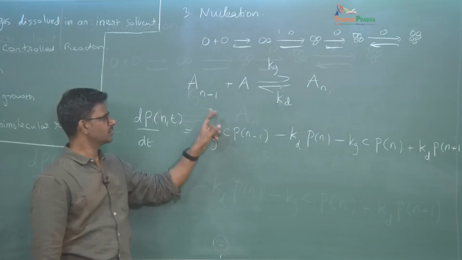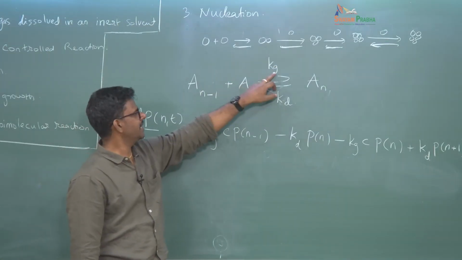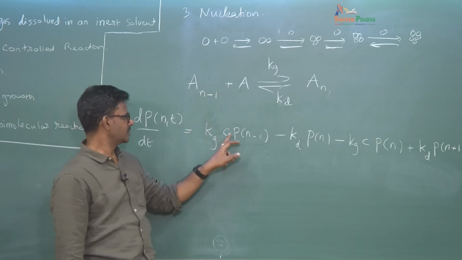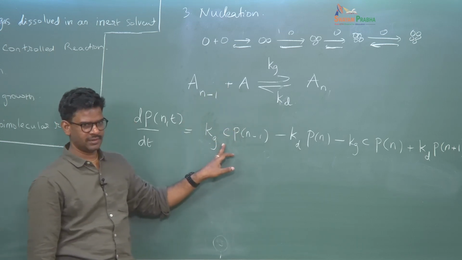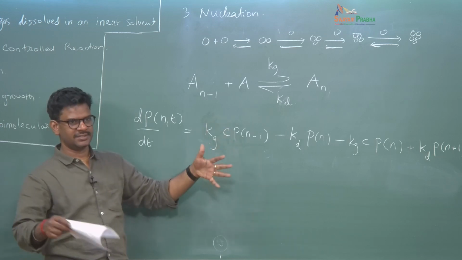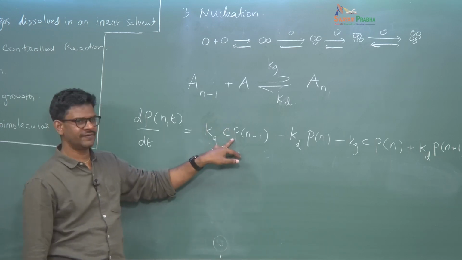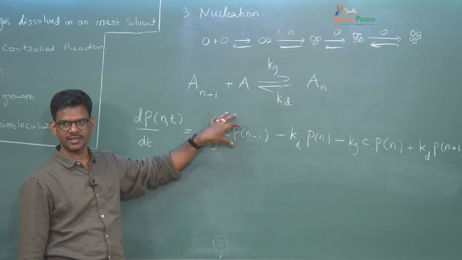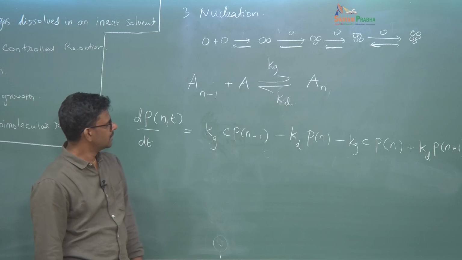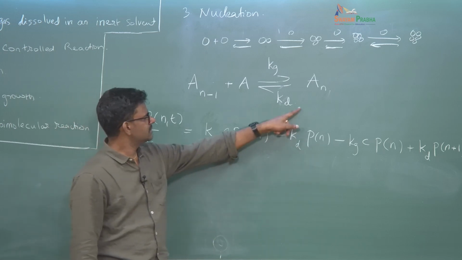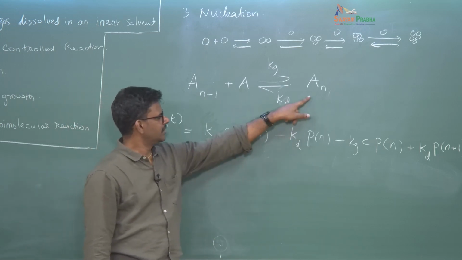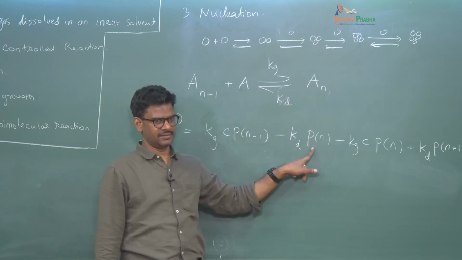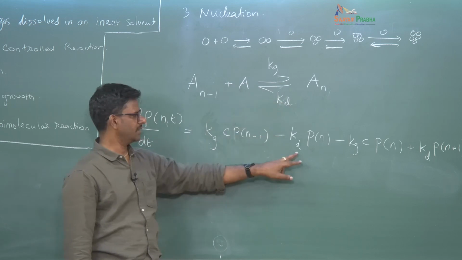The forward rate you usually write as K_g times the concentration of A. Here we should be writing the probability of A_1, but this is a large reservoir with a large number of monomers available, so we treat it as a quasi constant, some concentration. The backward reaction depends on the rate K_d times the probability of finding n.